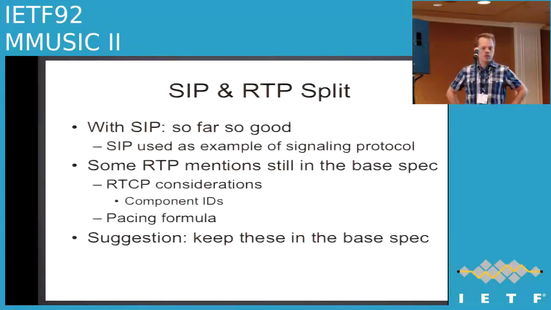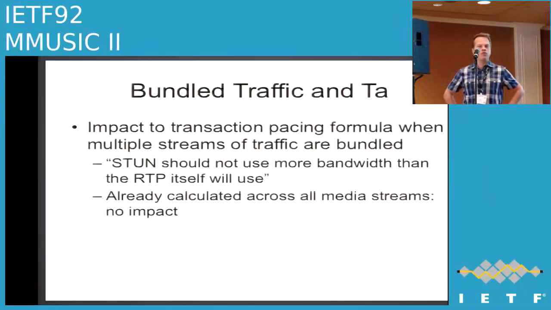Next slide. Then there was some question at the last meeting: how about bundle? Since we have this formula for figuring out how quickly you can do the checks, which will also be discussed more today, if you bundle your traffic, is there something special to take into consideration? So I had a look at the formula we use. The formula already sums your traffic across all your media streams.